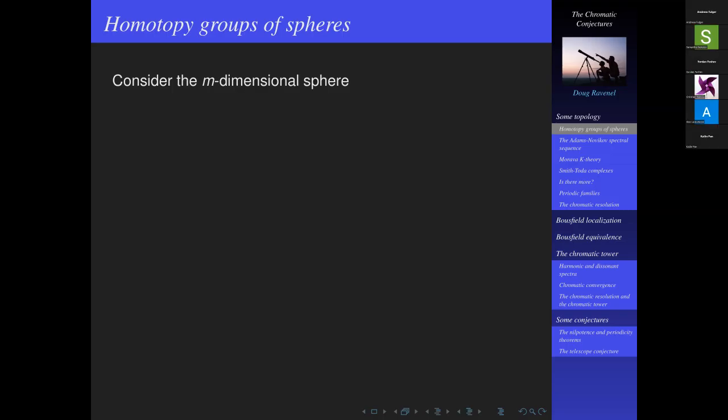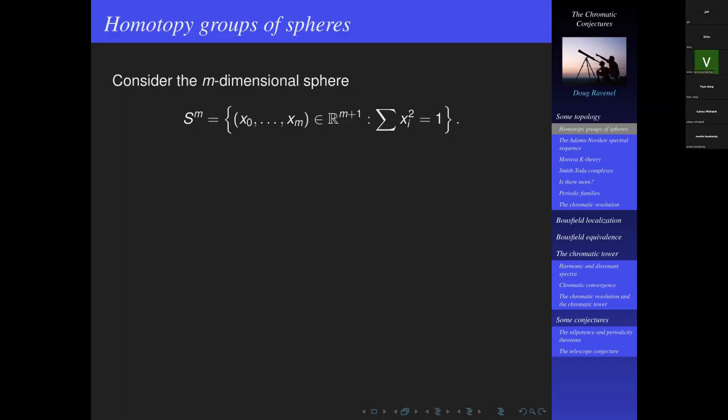Now, let's consider the case where one of the spaces is the m-dimensional sphere. That is the set of unit vectors in R^(m+1), Euclidean (m+1)-space. There's a standard topology on R^(m+1), so the sphere inherits the subspace topology from that.